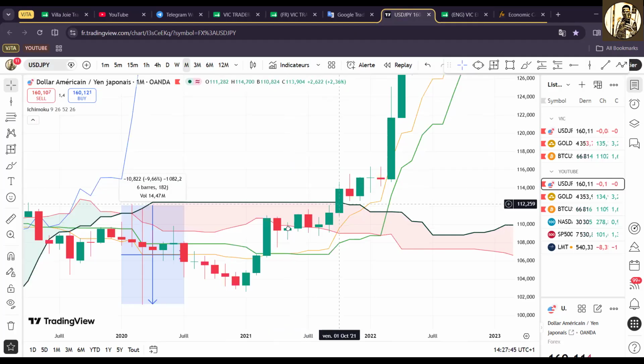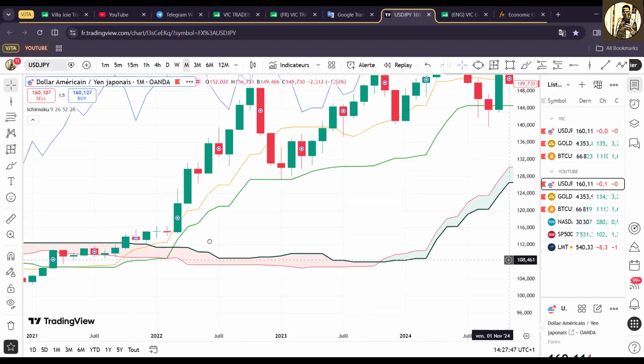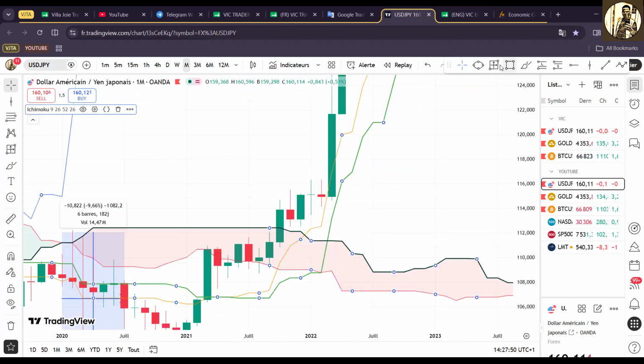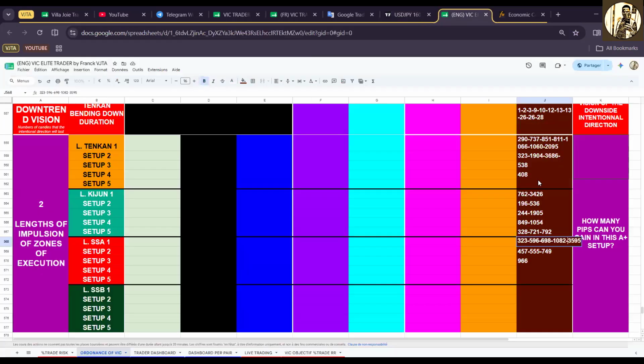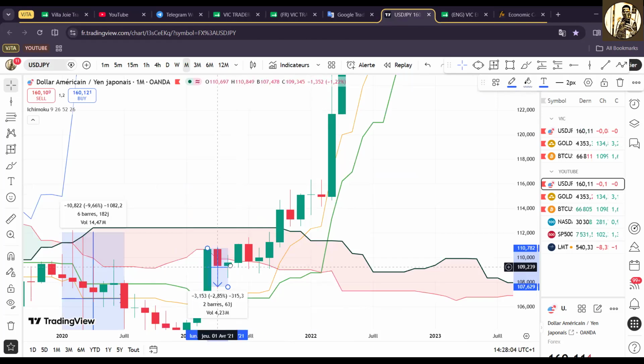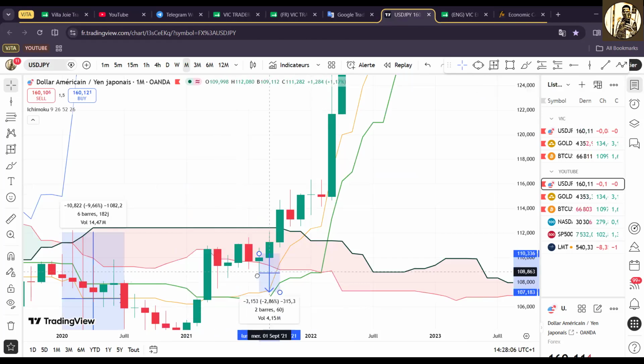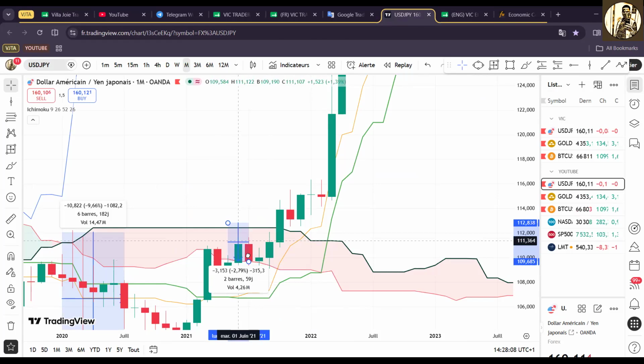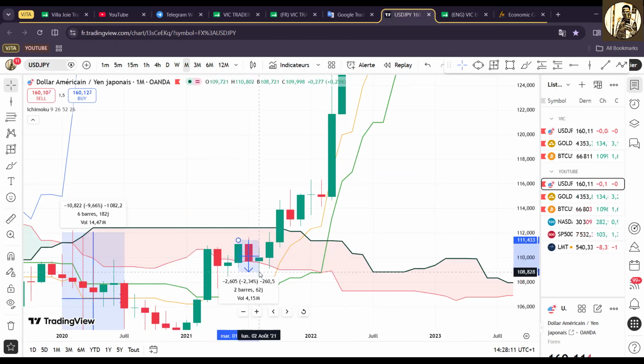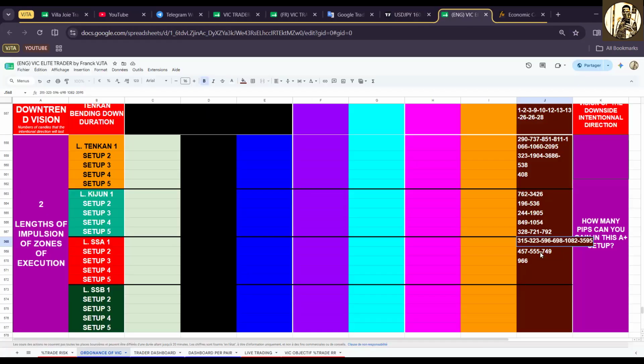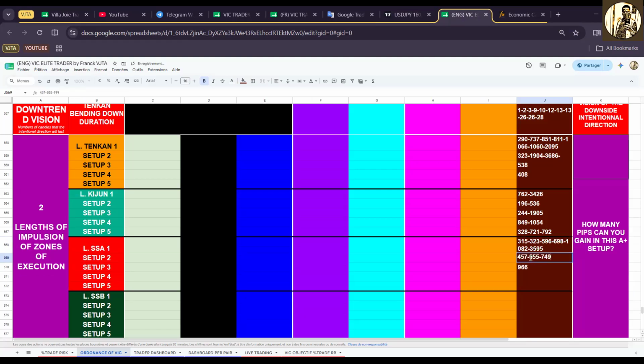And then from this point, right, from this SSA, okay, from this SSA to this bottom here, 315, sorry. Now for this second touch, I'll just take this scale like 260.